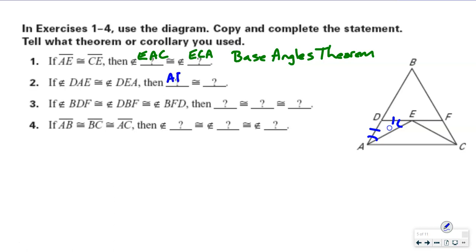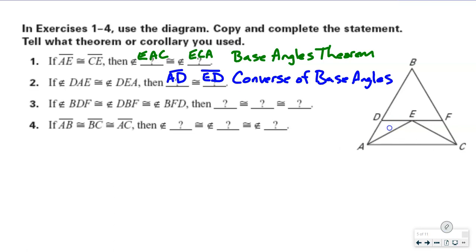So then it follows that side AD is congruent to side ED. And that would be the converse of base angles theorem. If we know those angles, then we know those sides.